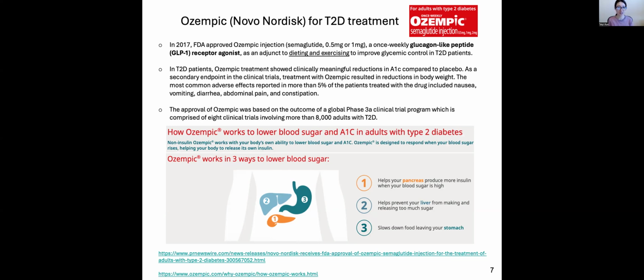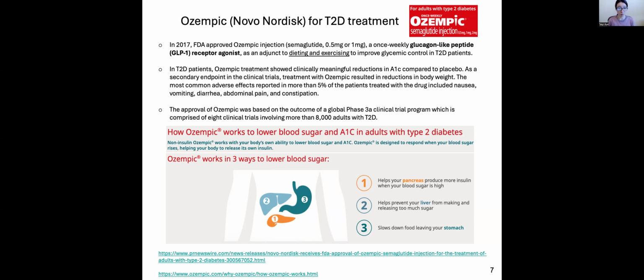In 2017, the FDA approved Ozempic, which is semaglutide, as a once-weekly GLP-1 RA, glucagon-like peptide receptor agonist, in combination with dieting and exercising to improve glycemic control in type 2 diabetic patients.